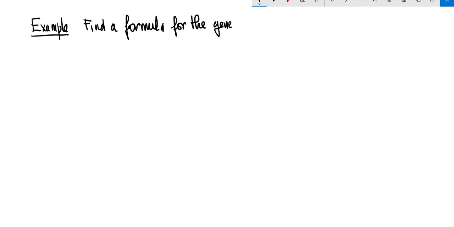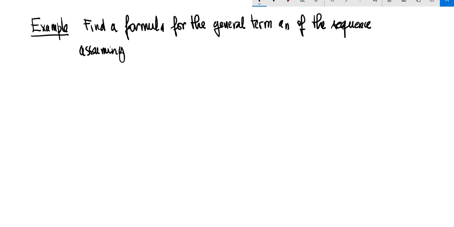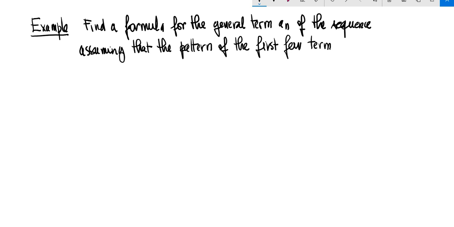For the first example, we would like to find a formula for the general term a sub n of the sequence, assuming that the pattern of the first few terms continues.